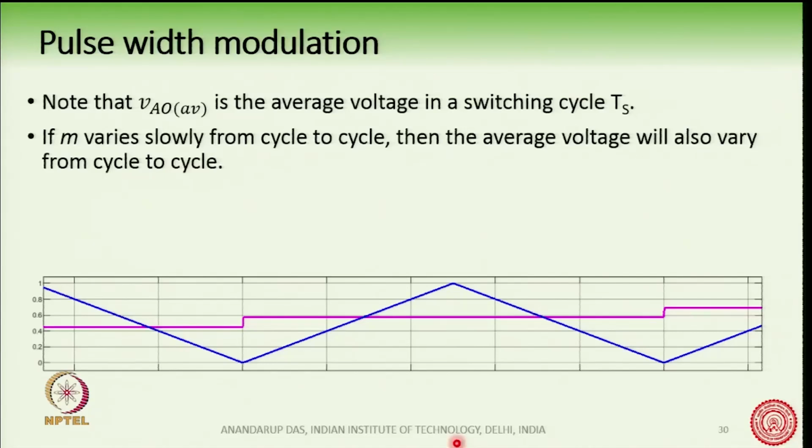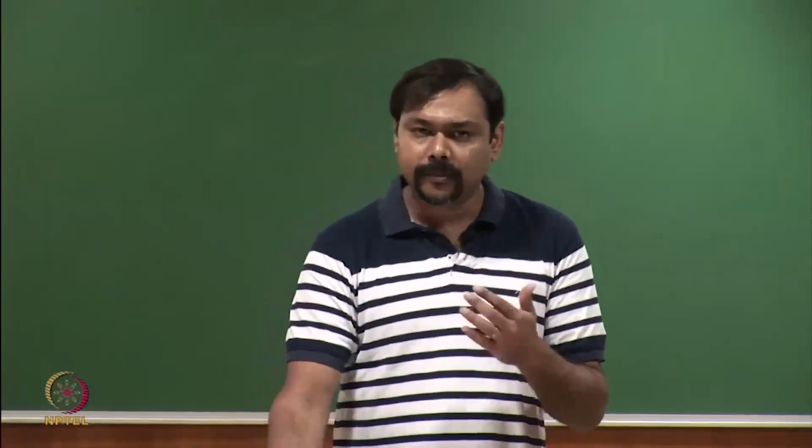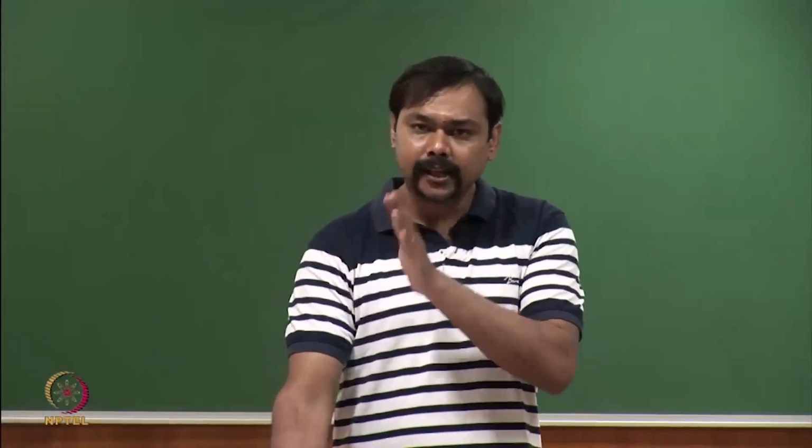So, if m is varying slightly from cycle to cycle, then what do we expect? We expect that the average voltage will also vary from cycle to cycle, right. So, the average voltage will also change in each cycle.